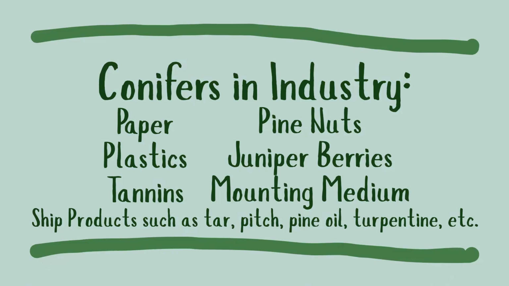Tannins you can also get from the trees. That's kind of like a bitter flavor, I think it's an acid that you can take from the tree. Pine nuts, juniper berries, and it also said it has a mounting medium.